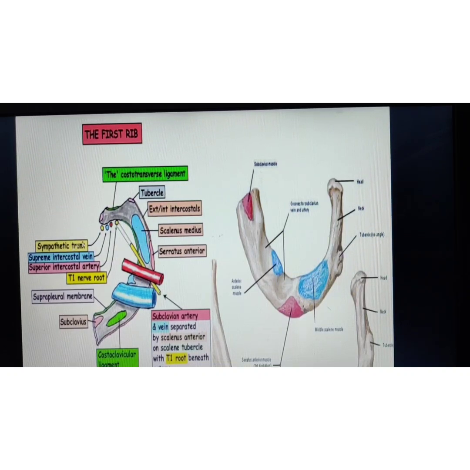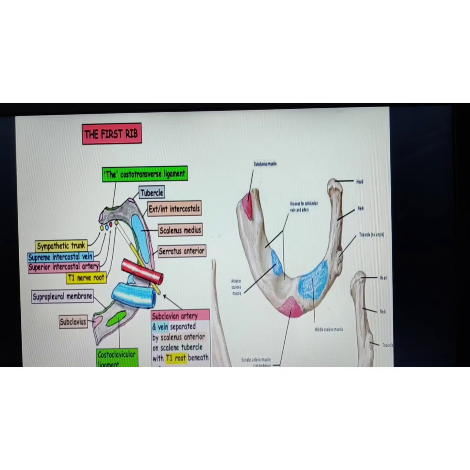Now there are three important structures which lie on the anterior aspect of the neck of the first rib.